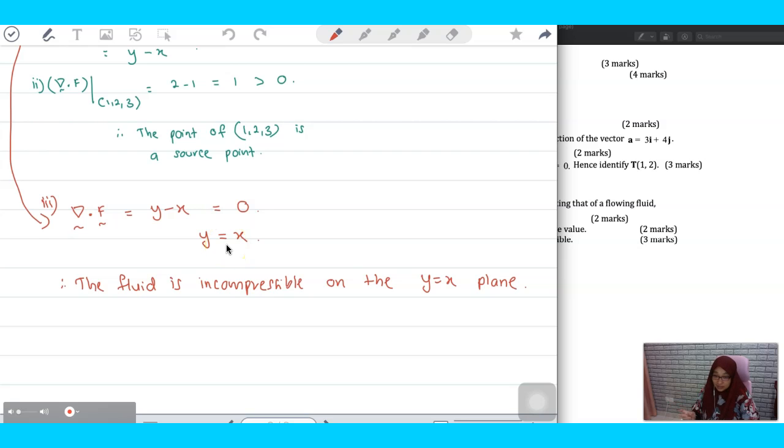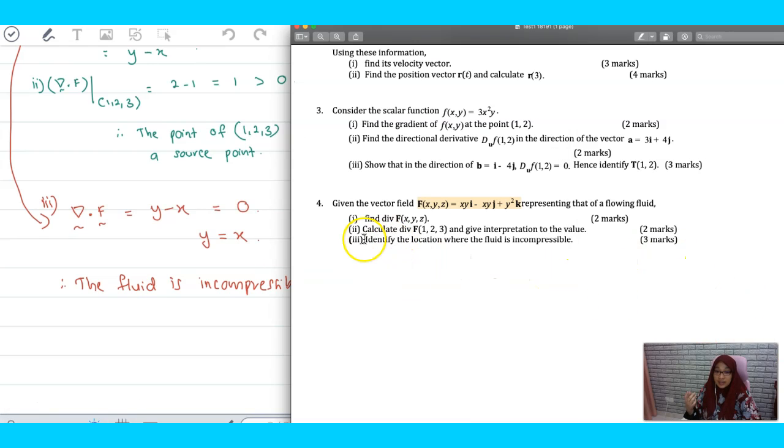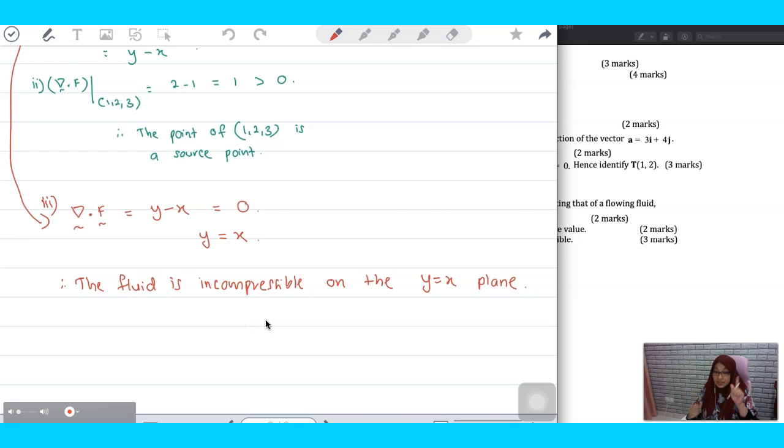For any point, x always equals y. But how about z? z can be any number as long as x is equal to y. The question asks to identify the location, so if you are thinking about a single point, that point can be any point as long as the y and x values are the same.